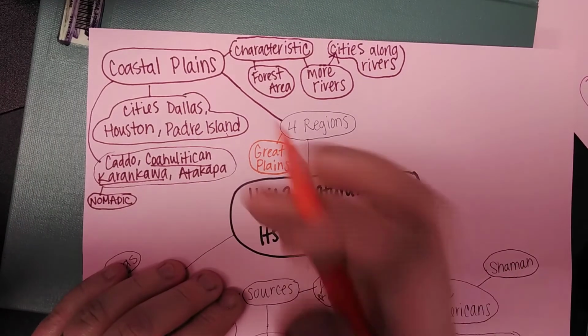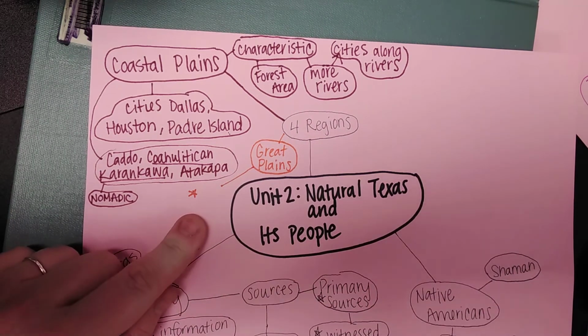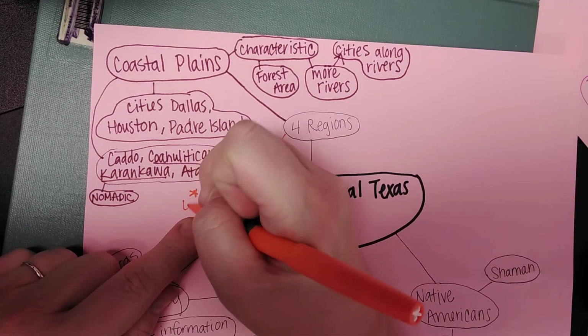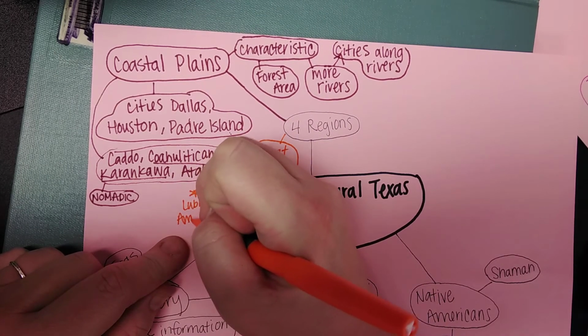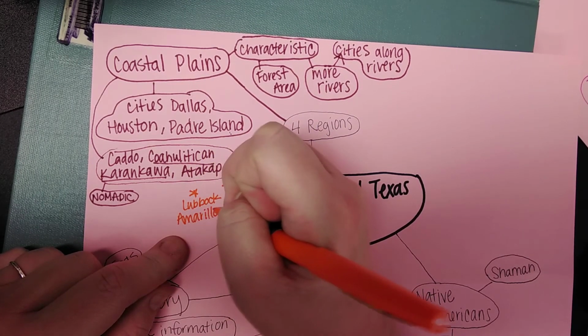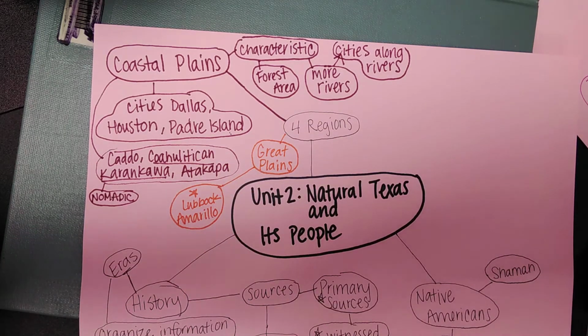So, we could put a star next to it, meaning that, hey, that's not really something that we need to study. We have Lubbock up there and also Amarillo. That's like a lot of the panhandle, and then it kind of goes south.